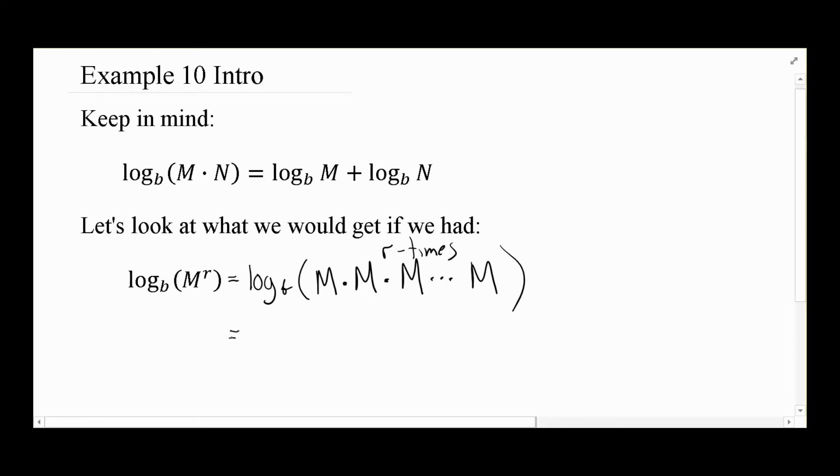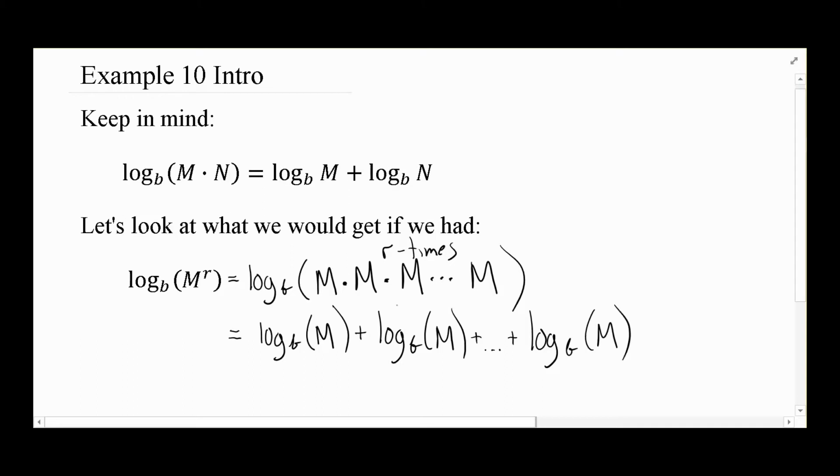Well, let's look back at our rule that we previously had. We had this rule that if you're multiplying things inside the argument, you could write that as a sum of logarithms. So I could actually rewrite this as log base b of m plus log base b of m a whole bunch of times.